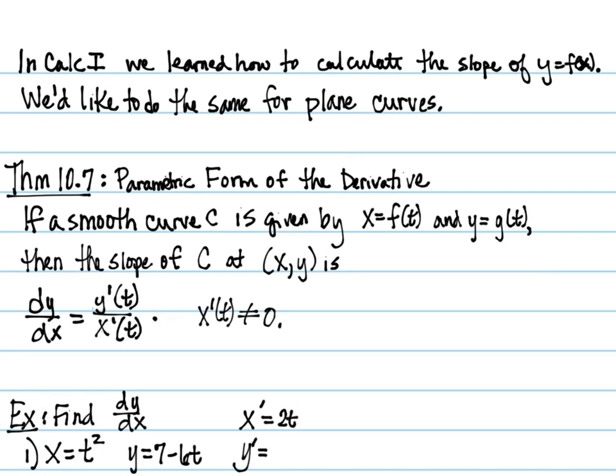What's y prime? Negative 6. So what is dy/dx? Negative 6 over 2t, which reduces to negative 3 over t. Right?